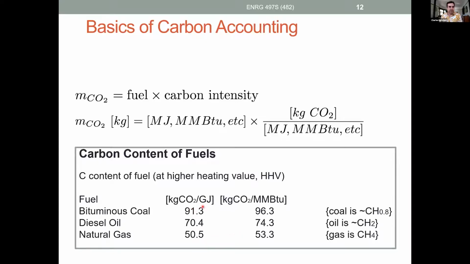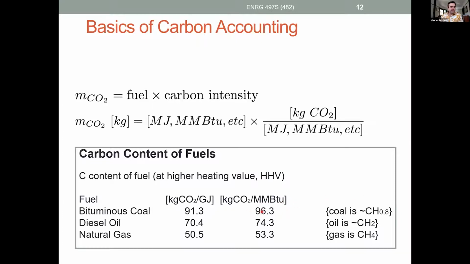And so here's kilogram CO2 per gigajoule or per mega BTU. You can also do it per kilogram of fuel or gallon of fuel. That's pretty standard. Usually liquids are reported in gallons. Most fuels are reported in terms of their energy content that we use for electricity, like coal and natural gas.